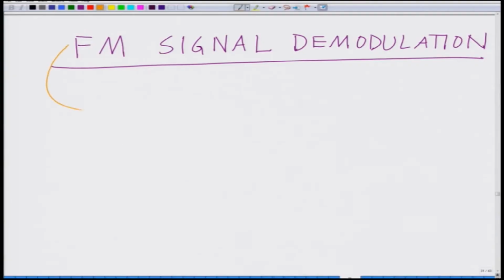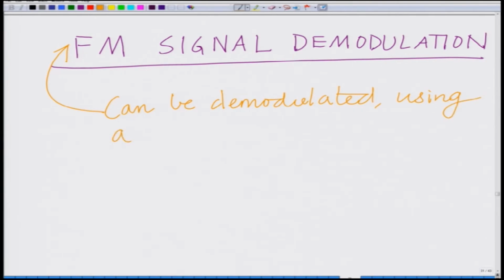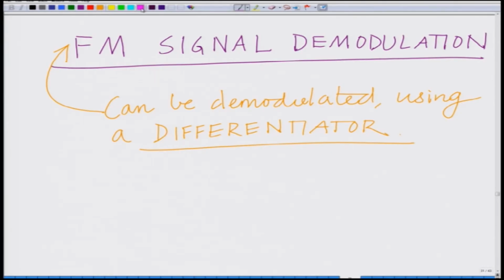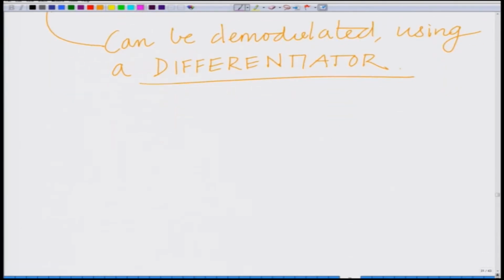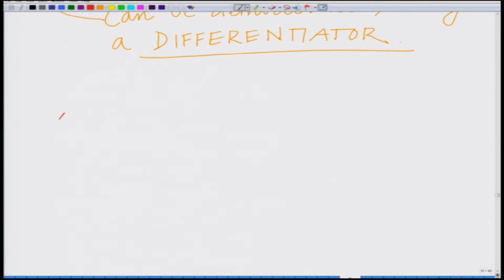So an FM signal can be demodulated using a differentiator. The idea is basically we have this FM signal, S of t.